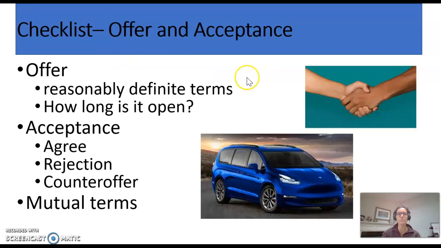All right, so let me begin right off the bat with the first contracts checklist matter, which is offer and acceptance. In order for there to be a contract, think about your job example. If we have you and your employer, we need one party to make an offer to the other. So your employer makes an offer to this potential employee that says, would you like to come work for me?